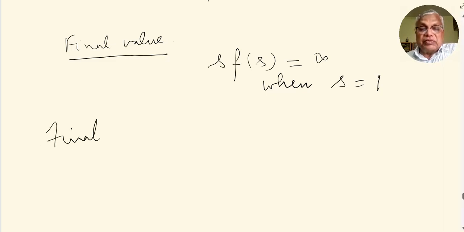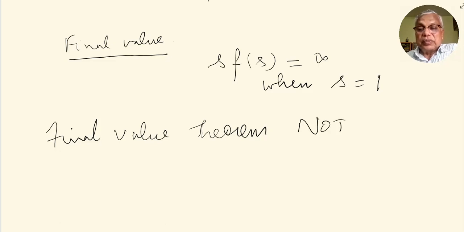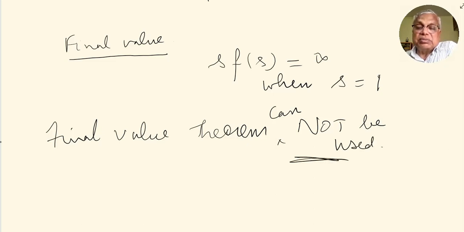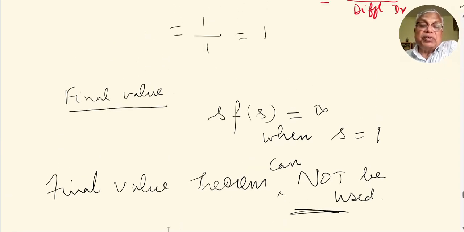We cannot find the final value using this theorem. It cannot be used. We have to find it by some other means. We have to find what is f of t and then find the final value.